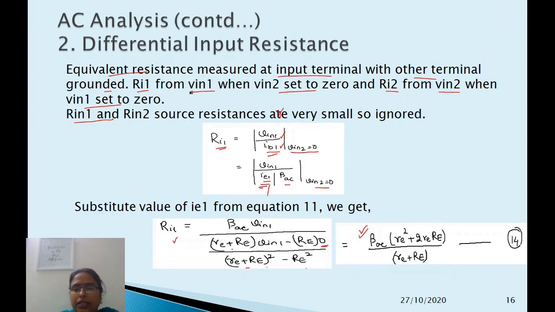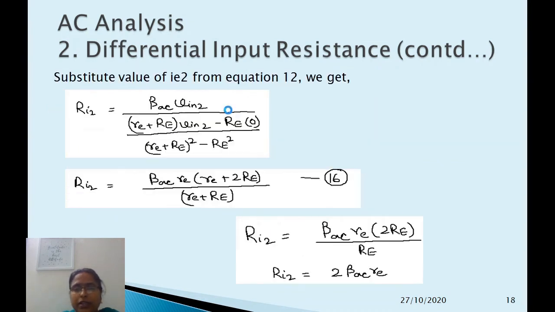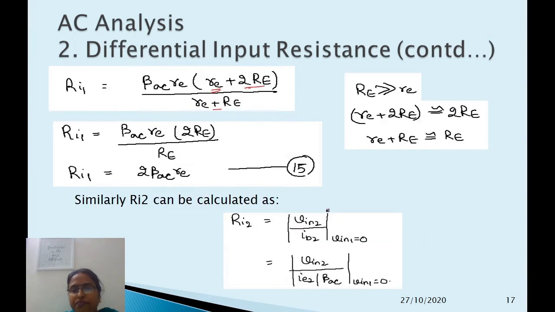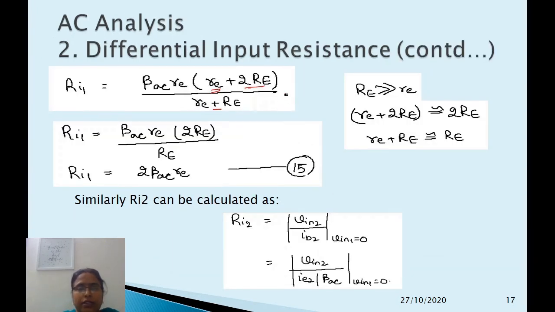Beta AC re, solving this, taking re common, beta AC into re, inside the bracket it is RE plus 2re upon RE plus re. From the numerator we have taken small re common, so the equation is now like this. Now generally the emitter resistance RE is very much greater than small re.